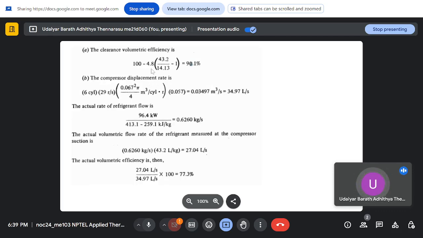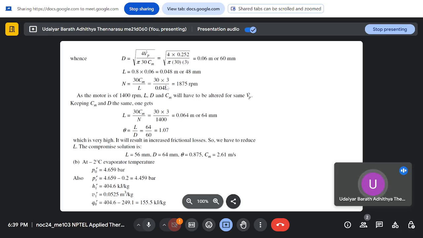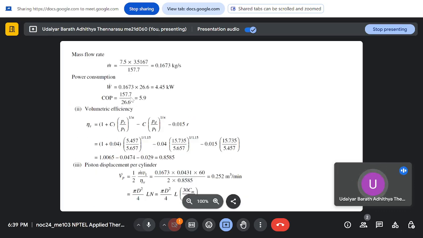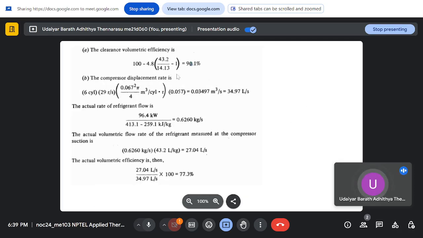So because PV raised to power gamma, 1 by gamma, you can write it in terms of specific volumes, minus 1, it gives you 90.1%. So we saw previously the volumetric efficiency is given as pressure ratio to power 1 by n, so that can be written in terms of volumes. So it gives you 90.1%.